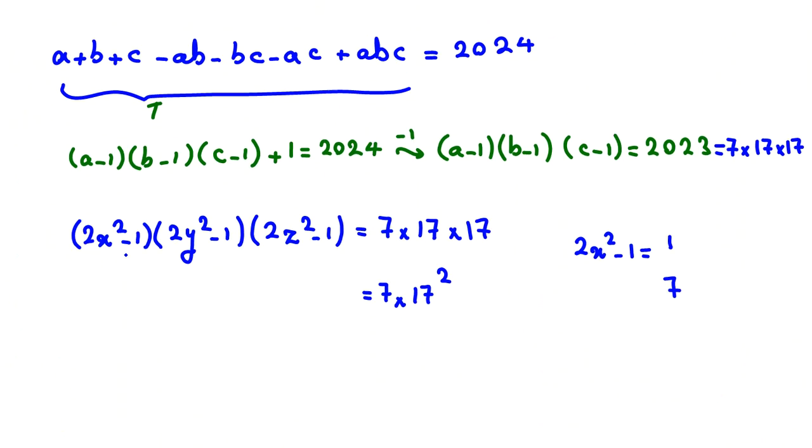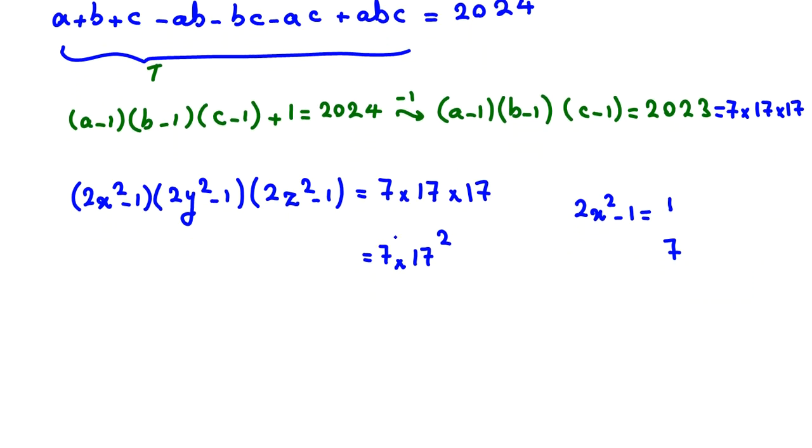So each of them is at least 1, so at least 2 minus 1, which is 1. So we should only focus on positive divisors. For the number of positive divisors, you add 1 to the powers and multiply. Because a divisor can be 7 to the 0, 7 to the 1, 2 cases, and 17 to the 0, 17 to the 1, 17 squared, 3 cases. So we have 6 divisors.